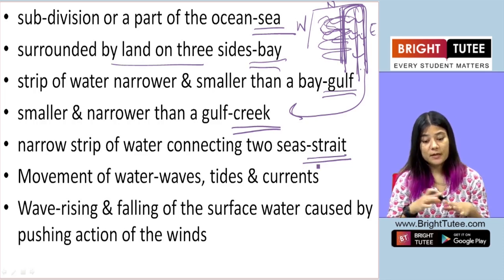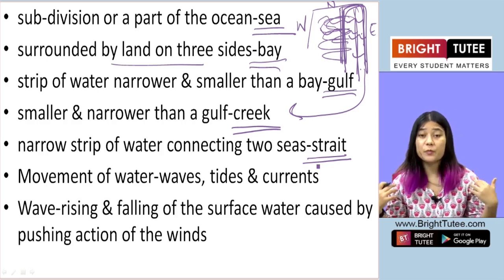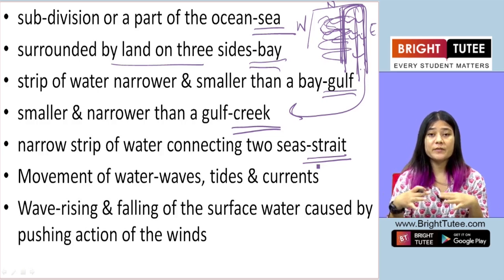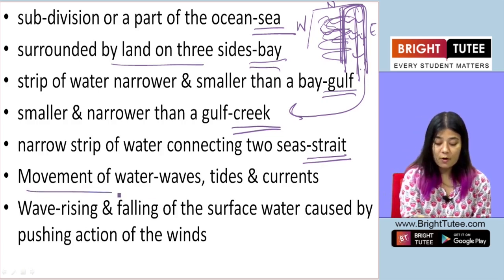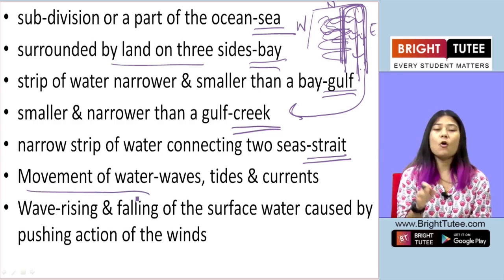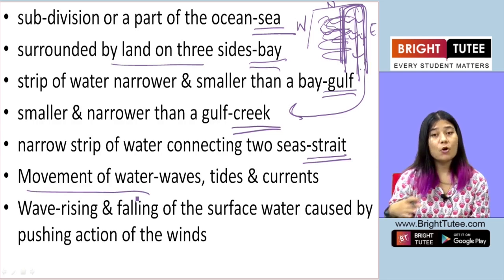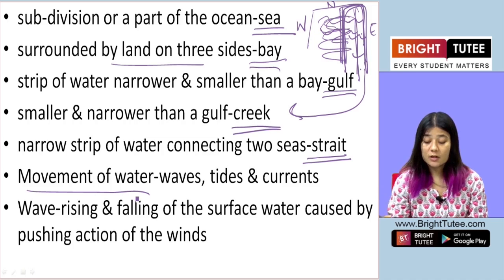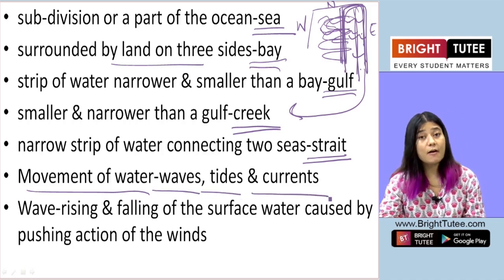Now, apart from these different water bodies within the ocean, when we try to understand the ocean, there is always movement of water. Water is always moving. In the ocean, we may not be able to see it, but the water is always moving. Because of the movement of the water, we have waves, tides, and currents.